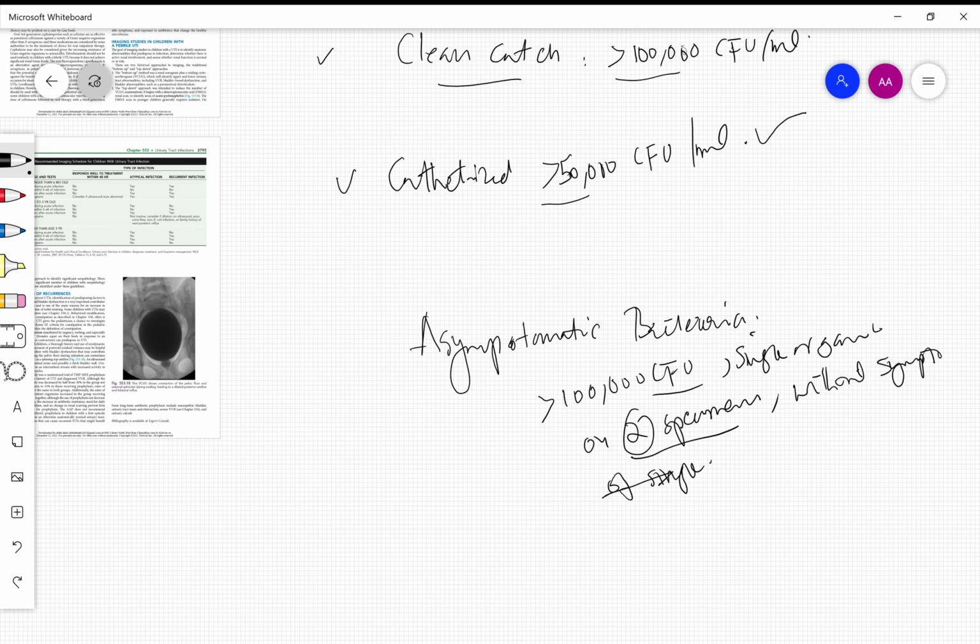Then we call it asymptomatic bacteriuria.